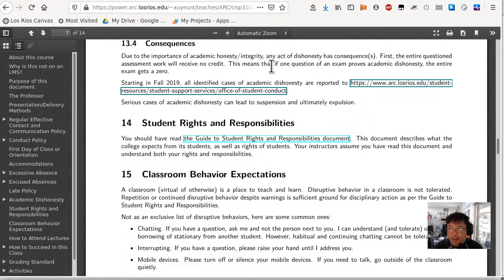I cannot say one thing in the syllabus and do something else. That is not something that I can do. So that's something I want to remind everybody about. I'm not assuming anyone is going to cheat, but it is something that is on my radar, and it is something that I personally need to handle.